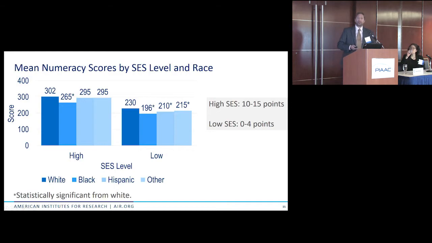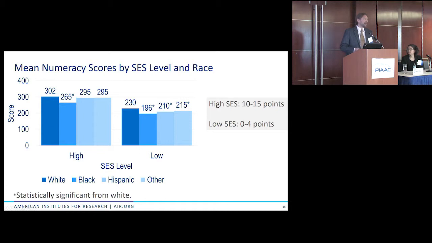Now we're looking here at, this is just exploratory. We don't have a very substantive question. We're looking at skills differences by racial and ethnic subgroups, and we can see that the skills gaps between high and low SES respondents exist both at the high end and the low end.